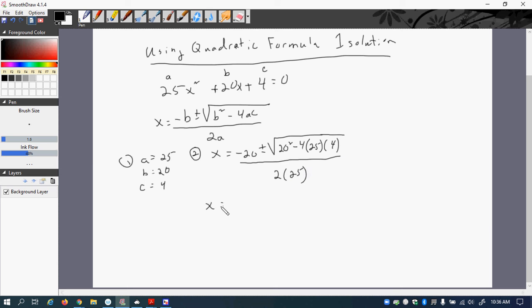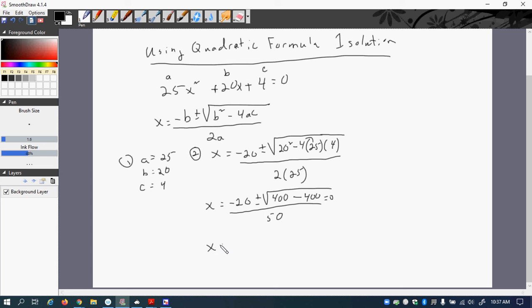Alright, so this is minus 20 plus or minus 20 squared is 400 minus 4 times 25, that's 100. And 100 times 4 is 400. And then we multiply and we get 50. Notice when you have a one solution problem, the square root is going to turn into a 0.